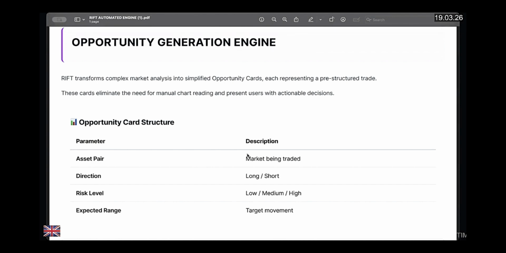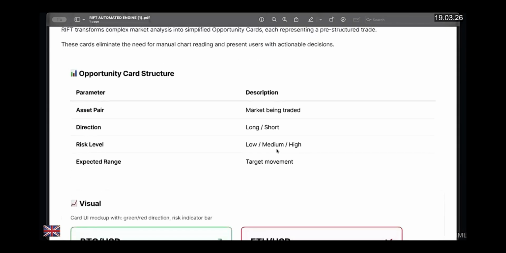I'm just explaining to you in very simple language how this information is processed and how it's visible to you as a card on the UI. It determines the asset pair, the direction of the asset, which can particularly move the risk level, then the expected range that should be applied with the particular trade at that particular time.